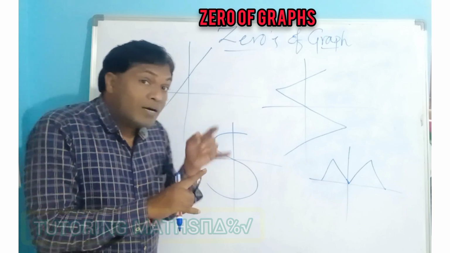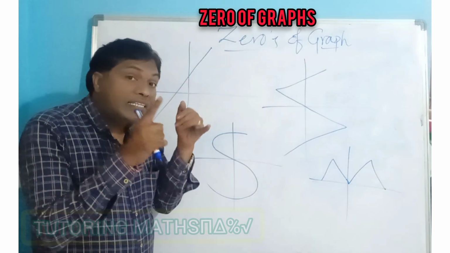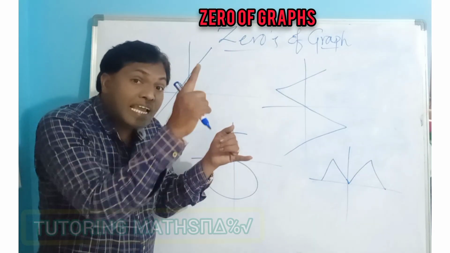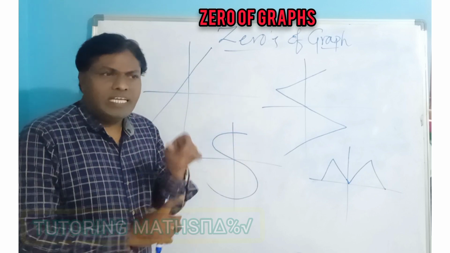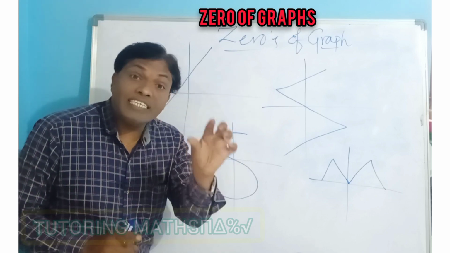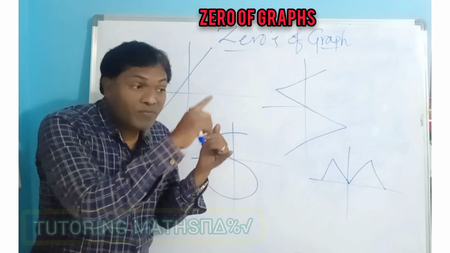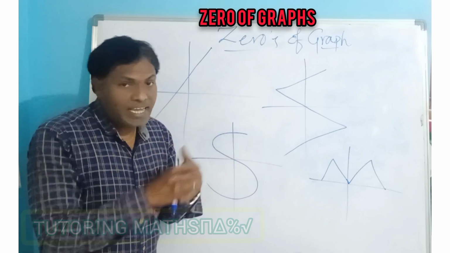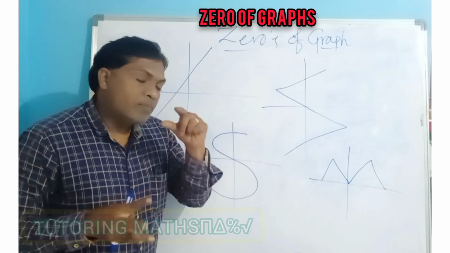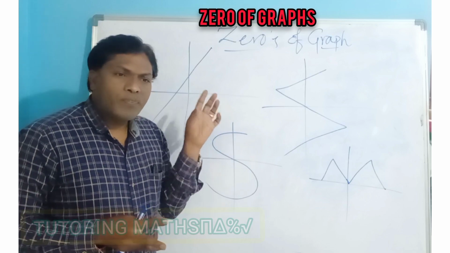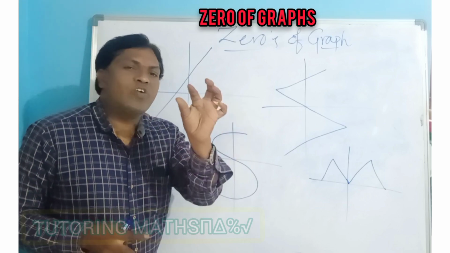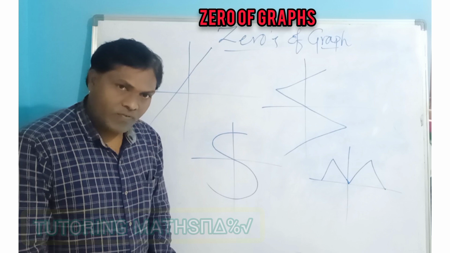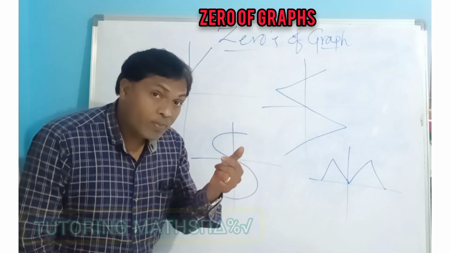First of all, you have to observe where that graph intersects the x-axis. The graph may intersect the x-axis or y-axis or both axes, but particularly in this case, the x-intercept is called the zero of the graph.